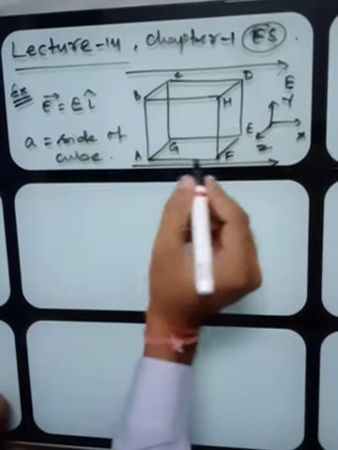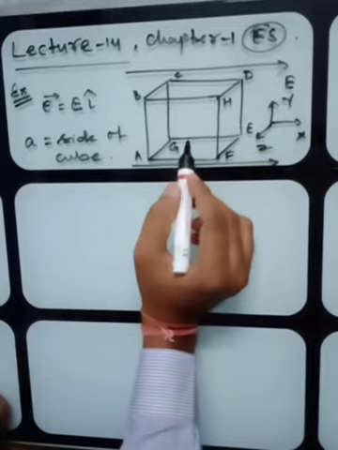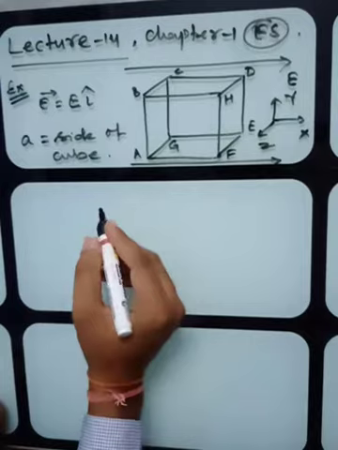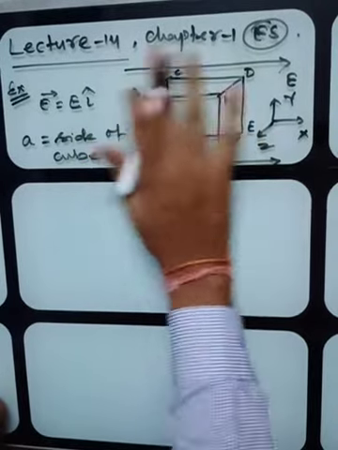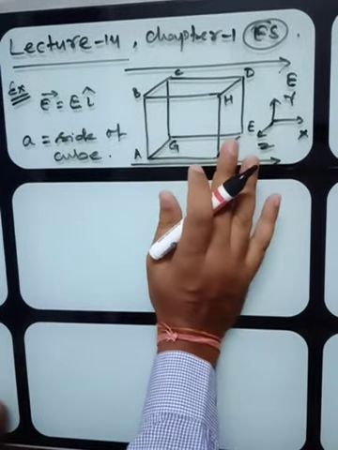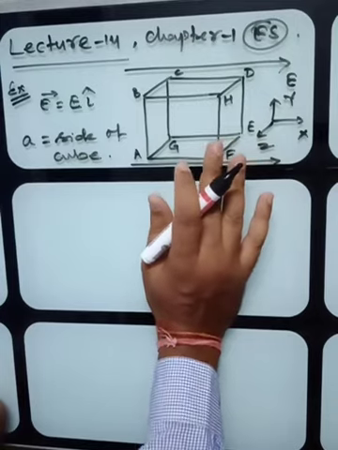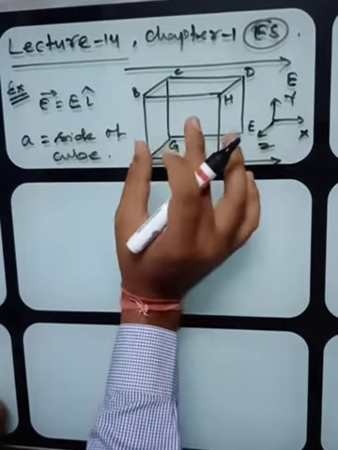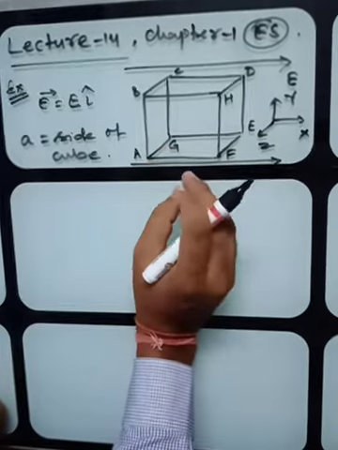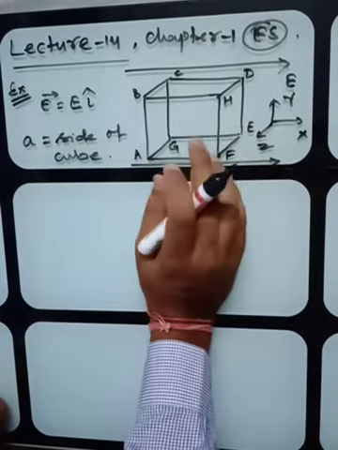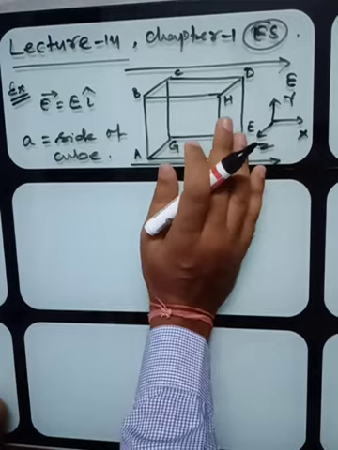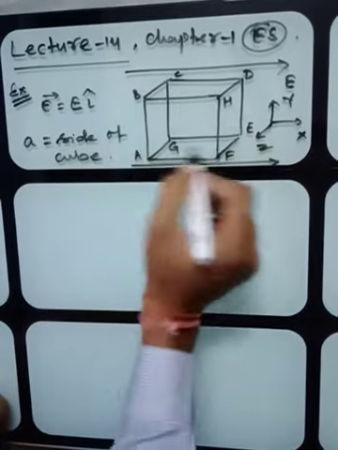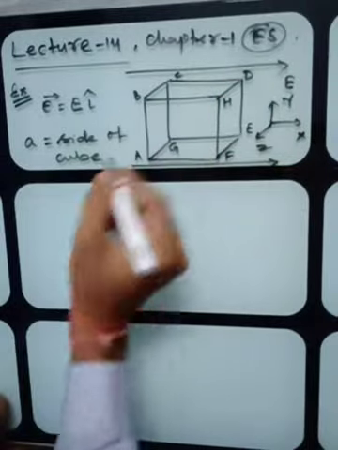Now you have to find the flux through each face individually, and then find the net flux by this cubical body. In the last lecture we studied that if any closed body is completely immersed in a uniform electric field, then the total flux will be 0. Remember, here we are going to find the flux through each face.